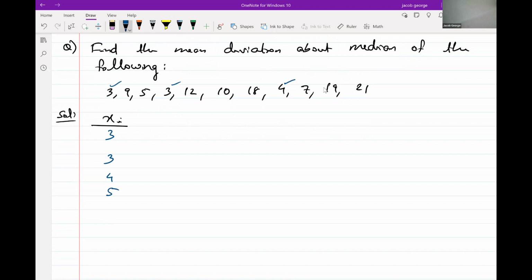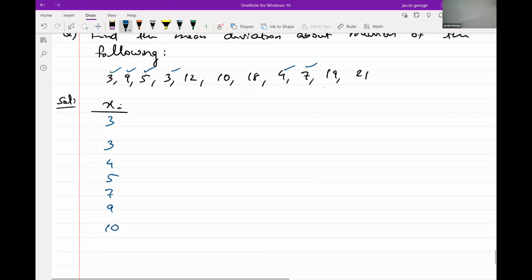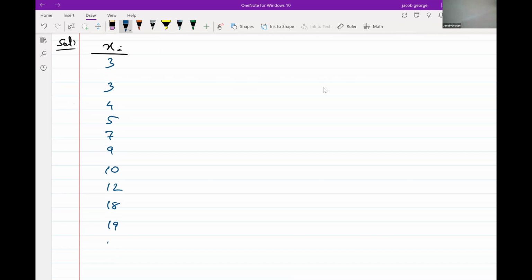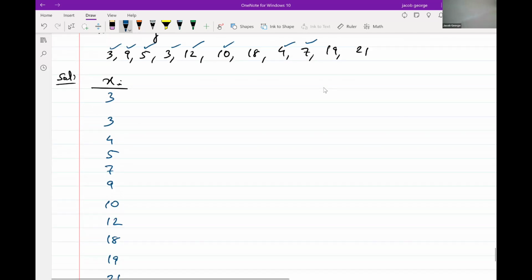After 5 comes 7, then 9, then 10, then 12. After that, 18, then 19, and one more, 21. So we write the numbers in ascending order.